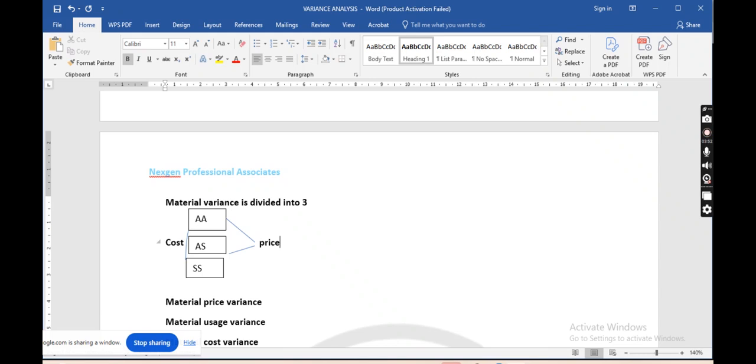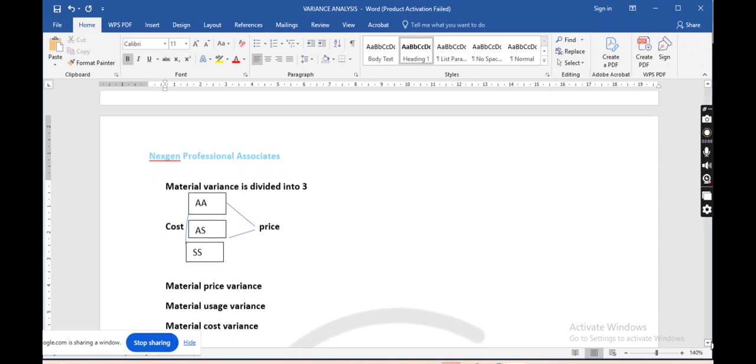Now, when you want to determine the formula, I've established that material price is price. You compare the standard and the actual. Instead of stressing yourself on the formula, you could use AA, AS, and SS. If you match AS to AA, we give you the material price variance.